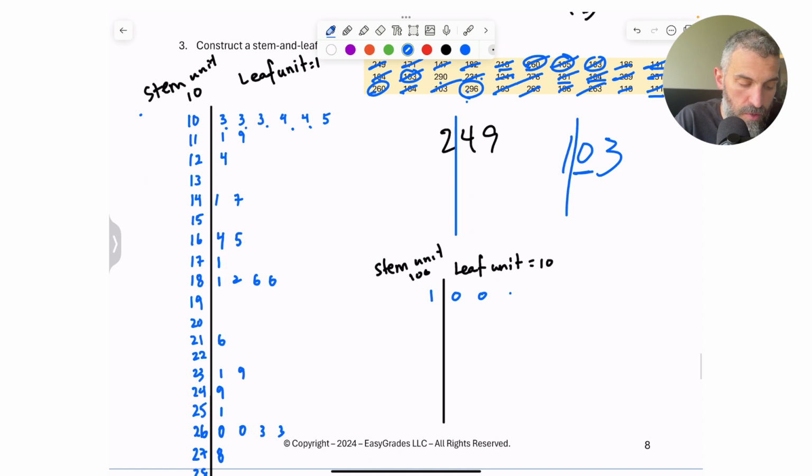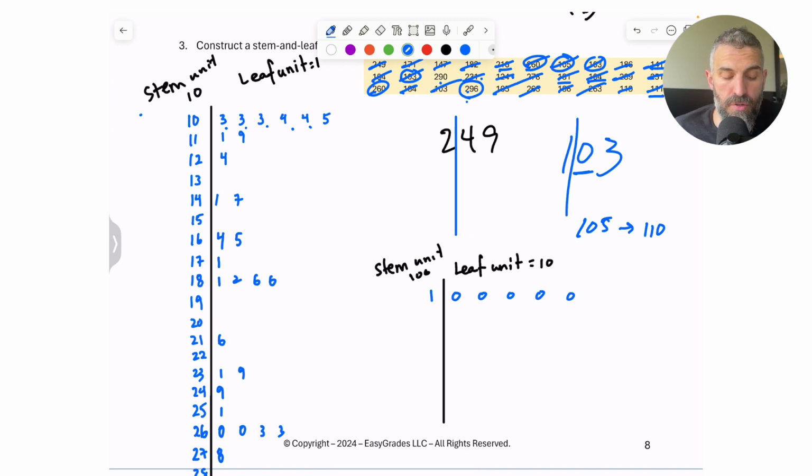Because all of those numbers, 103 and 104, would all round to 0. But 105 would round to 110 if you round to the nearest. So your diagram would look a little bit different because of the rounding, right? Because this would now end up becoming 110, so you'd put a 1 there.